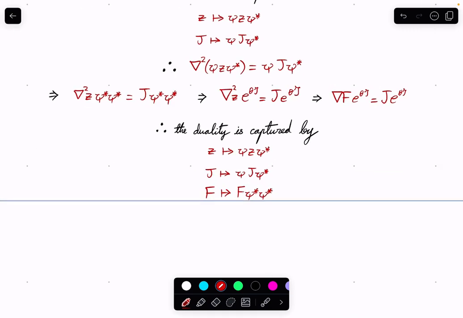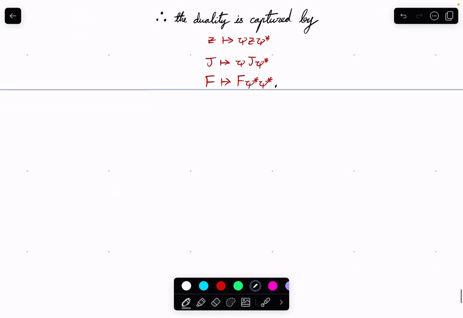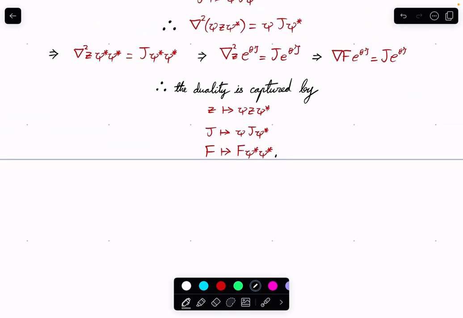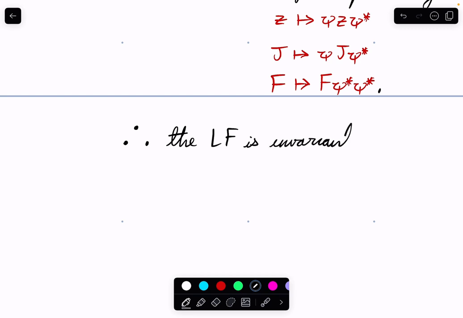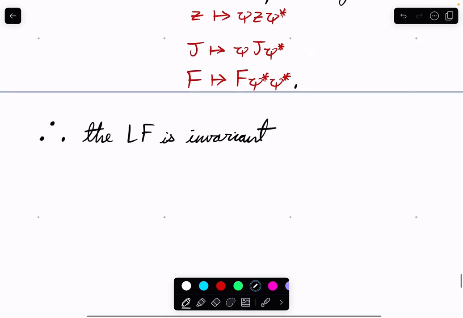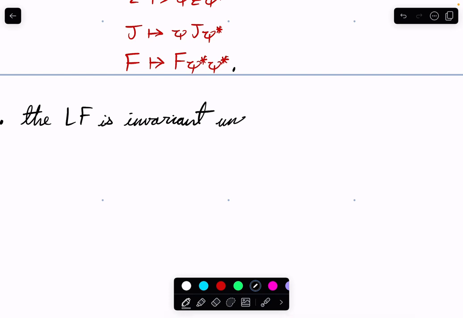So we have these mappings that define the dual symmetry. And note that this actually leads to the Lorentz force being invariant. Therefore, the Lorentz force is invariant under dual symmetry.